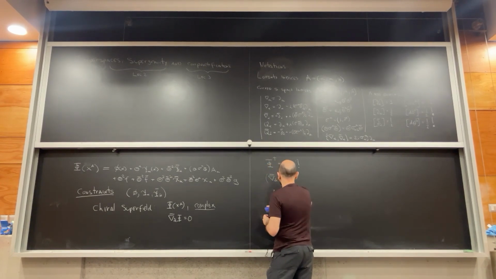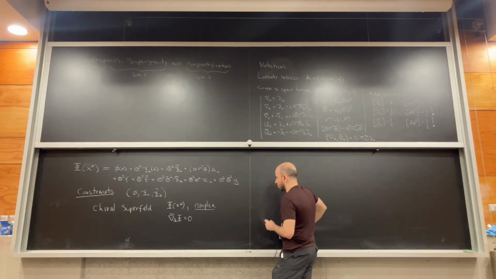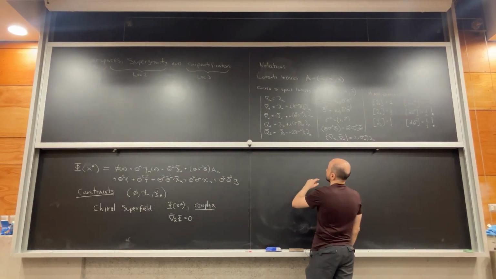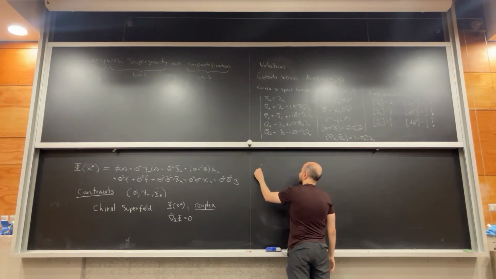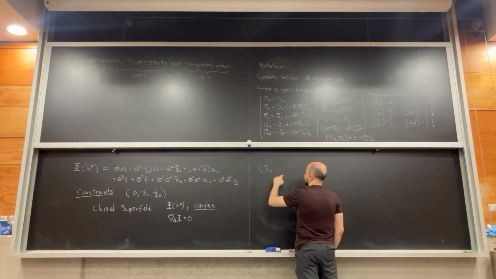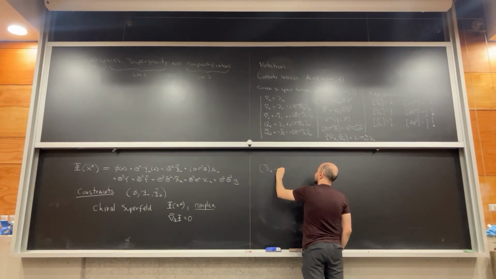Okay, now I want to see the consequences of this constraint. So I write what is now the nabla bar. The nabla bar is del bar of theta dot minus this combination.